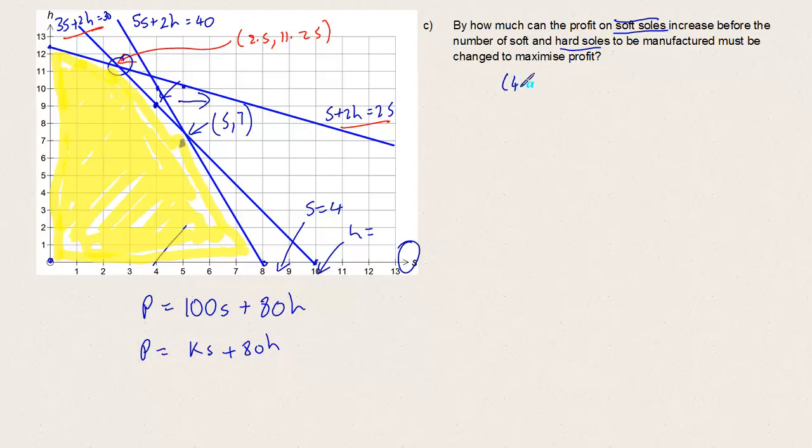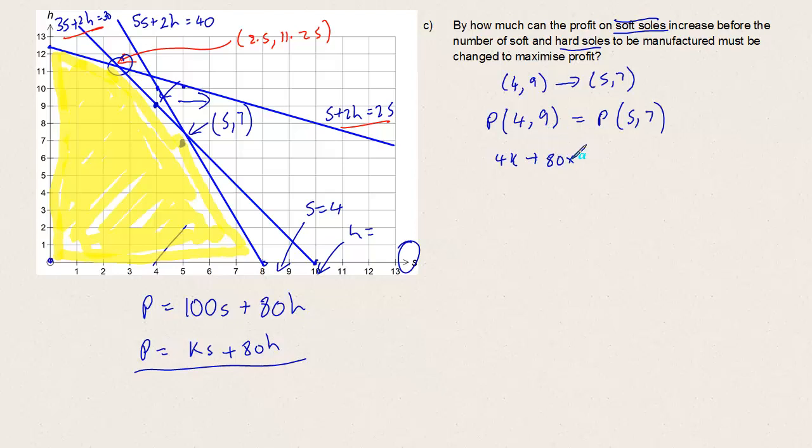So we're looking at going from 4, 9 to 5, 7 using this new profit. So when are they equal? So that's going to be the profit on 4, 9 equal to the profit on 5, 7. So this one is S is 4, so that's going to be 4K plus 80 times 9. And this one would be 5K plus 80 times 7.